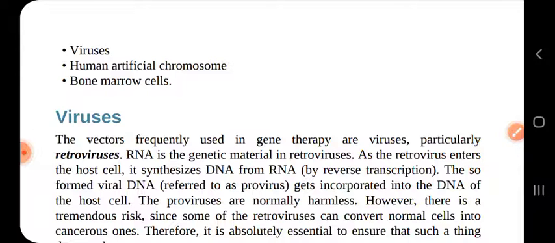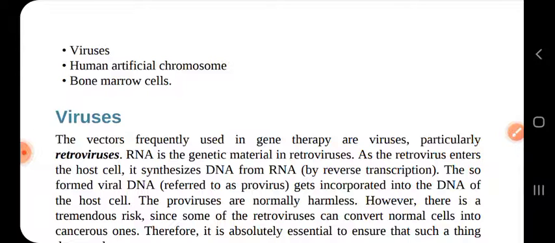Otherwise, if it is unstable, then some of the cells will have that gene expressed, some of the cells will not have that gene expressed. That will be of no use. So low expression of the gene will occur. So we have to stably integrate that gene into the genome of that particular culture cells.